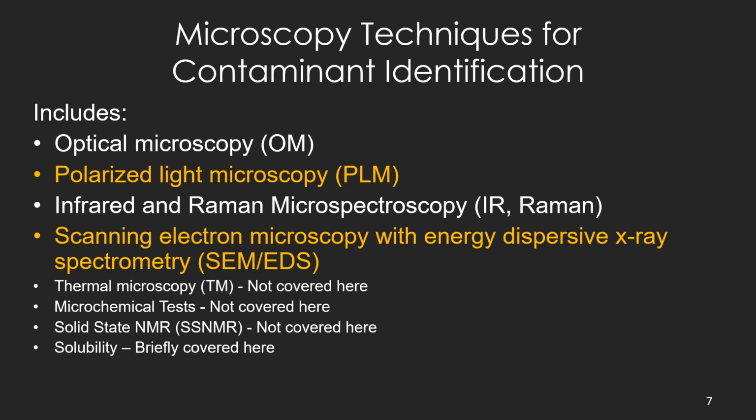Possibly a solubility test might be called for. I have used solid state NMR before, and that's worked reasonably well. There's a whole host of microchemical tests that can be used. Thermal microscopy may be useful. Now, all of these things can be helpful, but in fact, the workhorses are the 4 or 5, depending on how you want to count it, techniques that I've listed here.